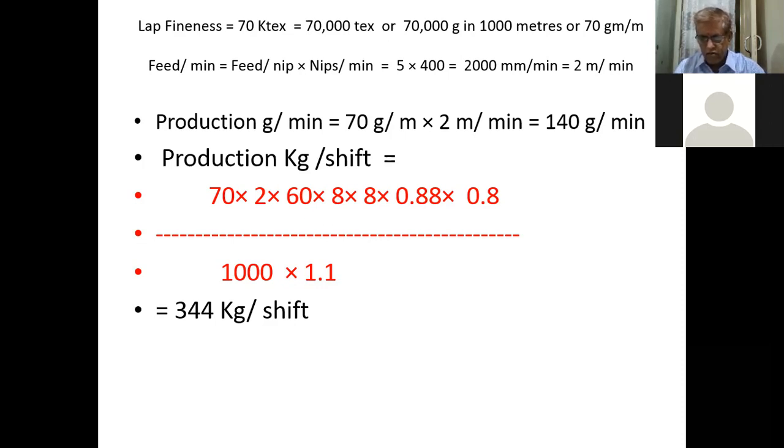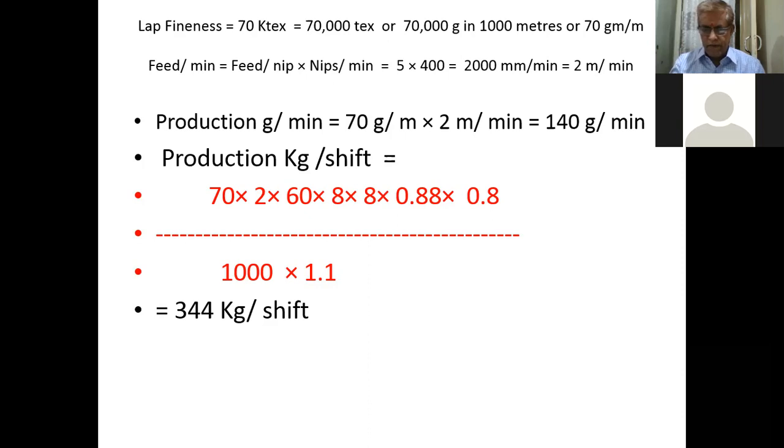For conversion into kg, divide by 1000, and the correction factor for bed tension, for 10% tension, will be 1 plus bed tension upon 100. It will be 1.1. If you calculate, it will come out to be 344 kg per shift per Comber for 8 heads for 20% noil percentage.